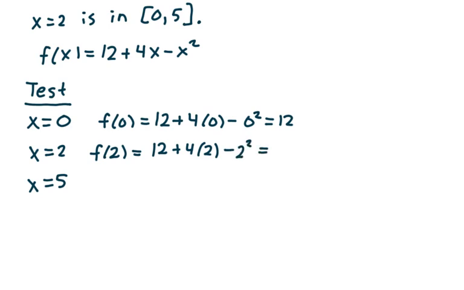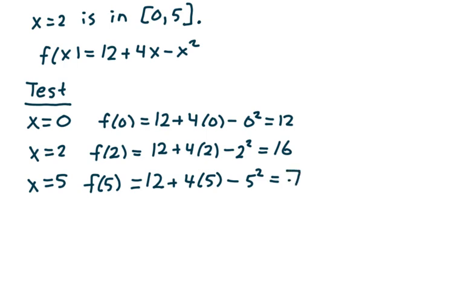And when we do that calculation, we get 16. And then f of 5 is 12 plus 4 times 5 minus 5 squared. And when we do that calculation, we get, I believe, 7.